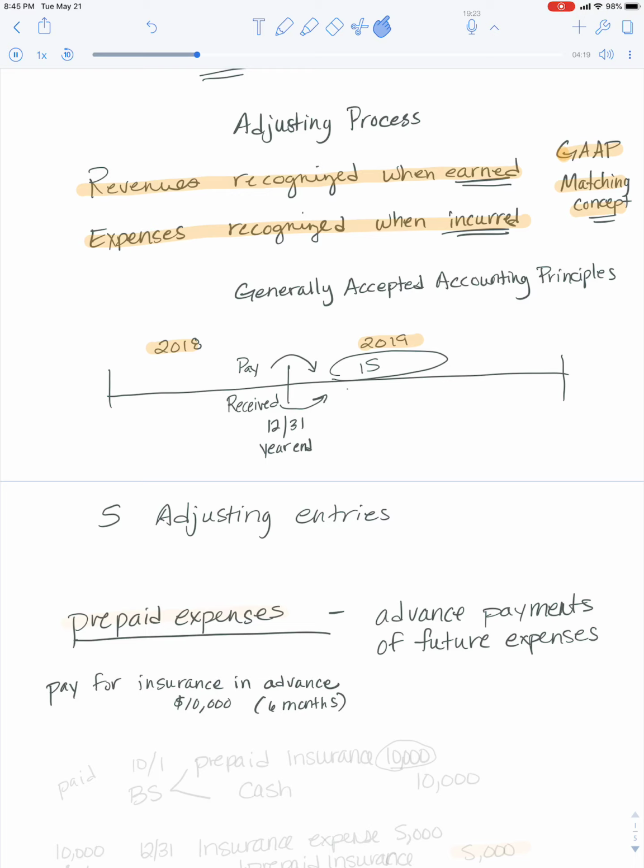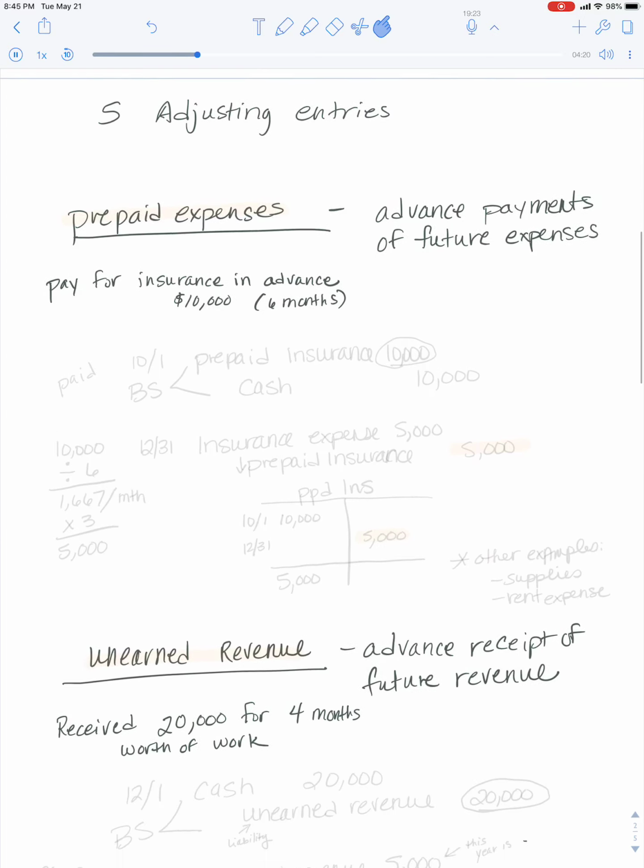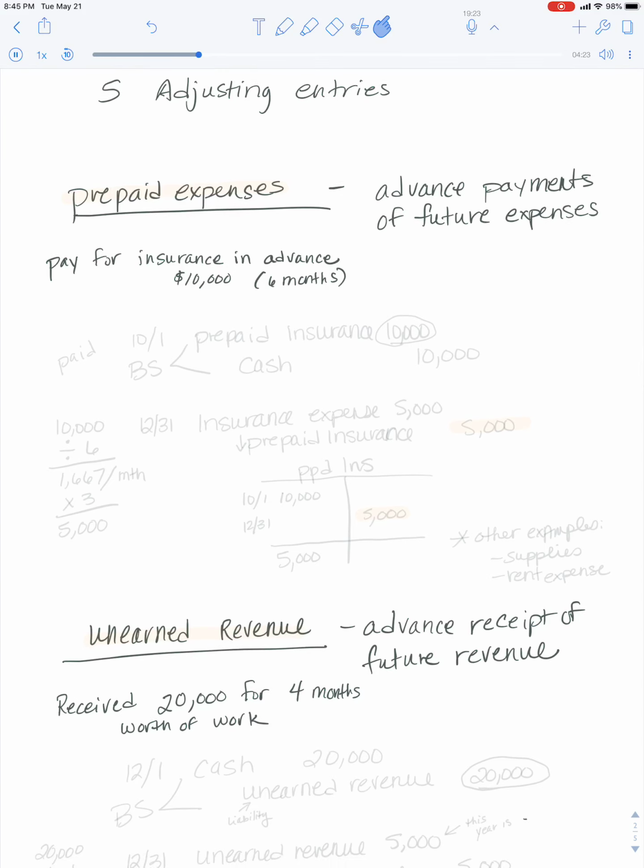First adjusting entry is prepaid expenses. So prepaid expenses are advance payments of future expenses. So this is a situation where we pay the cash this period, but we don't get to incur the expense until a future period. And so we're going to delay recognizing it on the income statement.